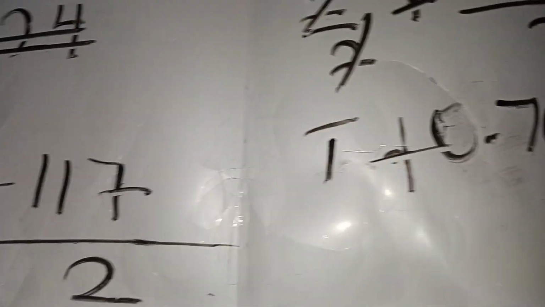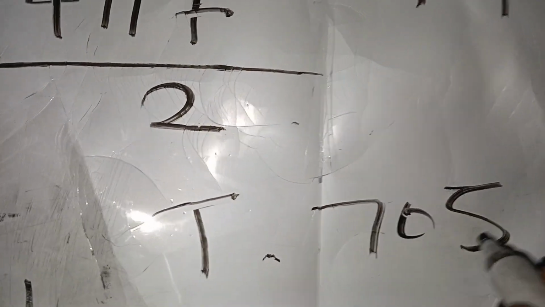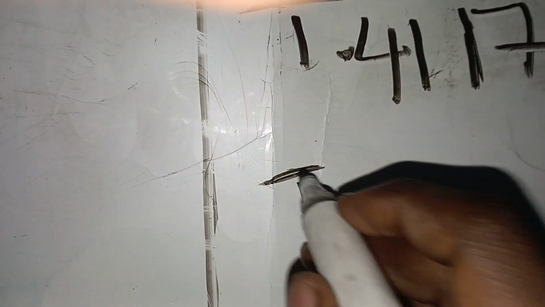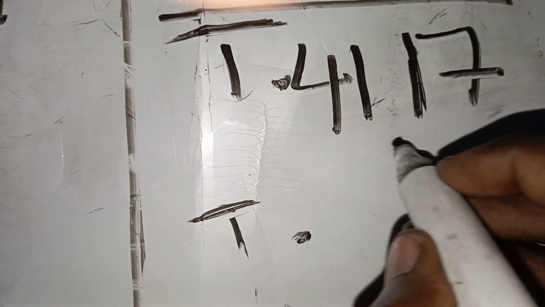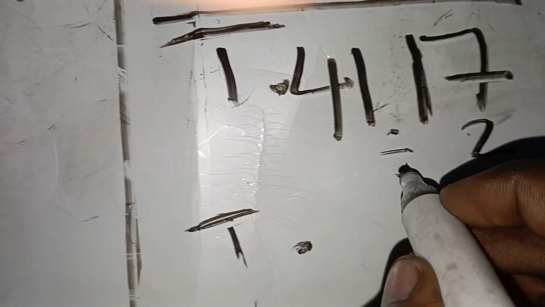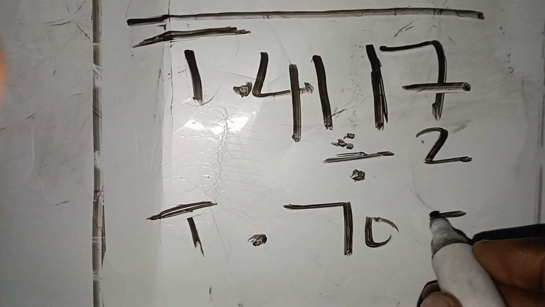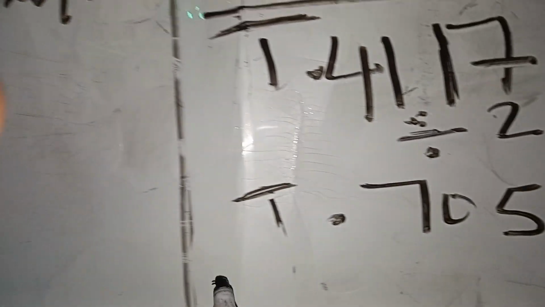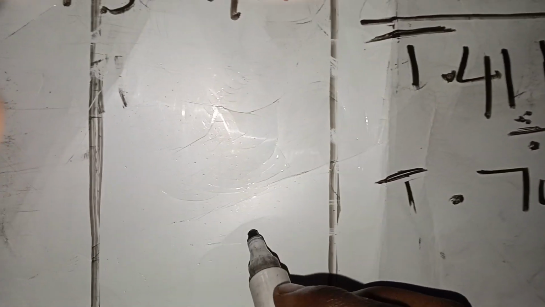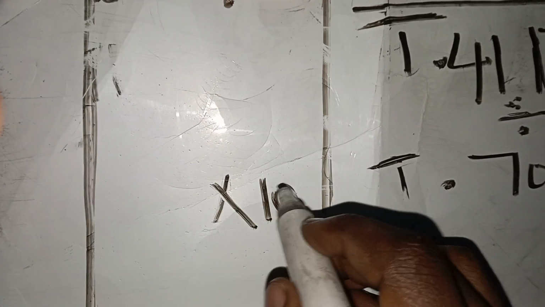So if I plus there, what we will get? It will be bar 1.7059. So we come and write here 1 point. I write this to indicate that I have divided it by 2. So it's bar 1.7059. So remember what I told you, that here we'll put times 10.